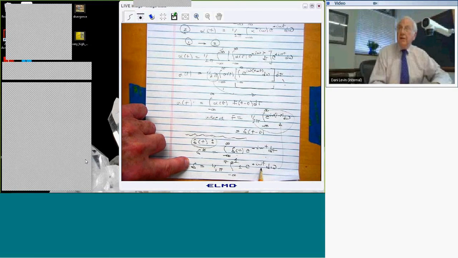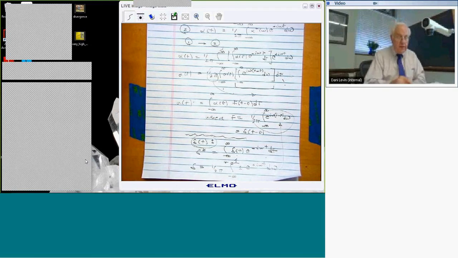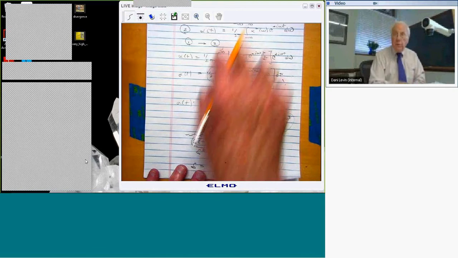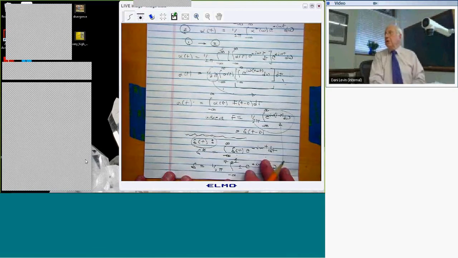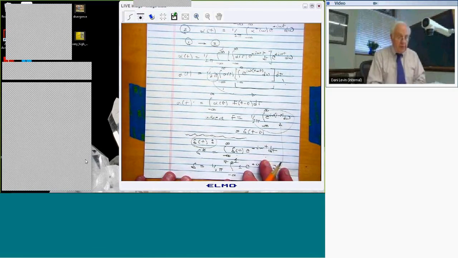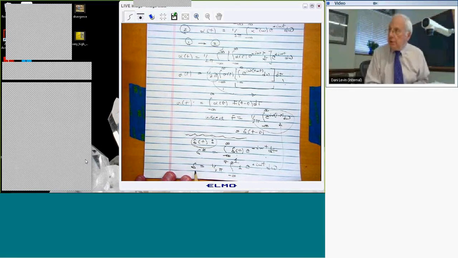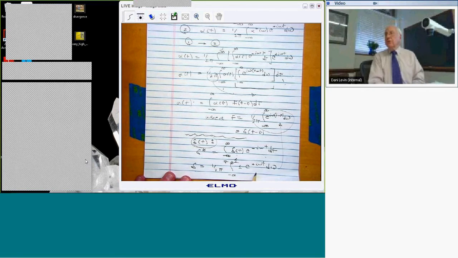So you didn't need to do it the other way. You could just start with the delta function and its properties, compute the Fourier transform, and then find a representation of the delta function in terms of an integral over frequency. So this is the frequency domain representation of the delta function.